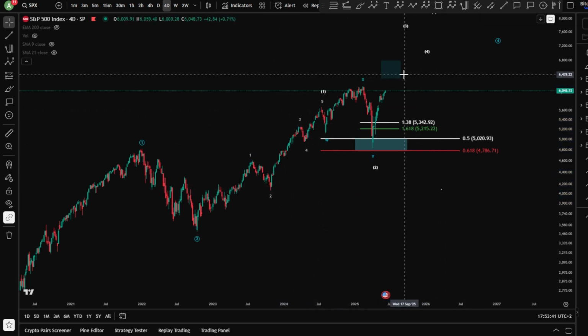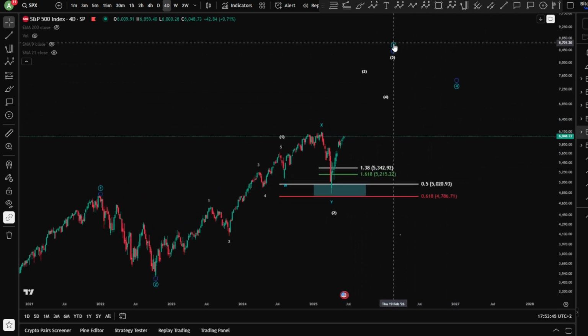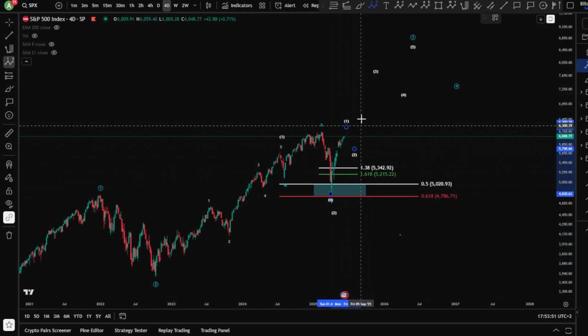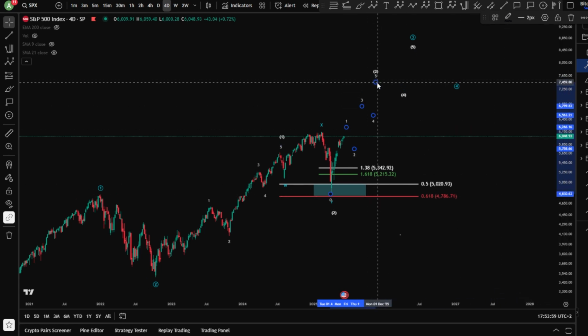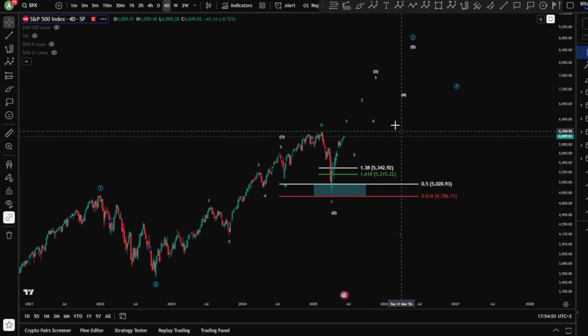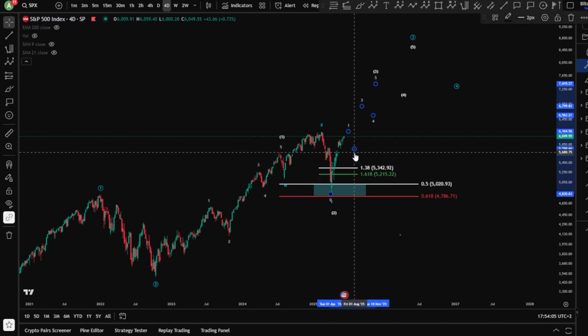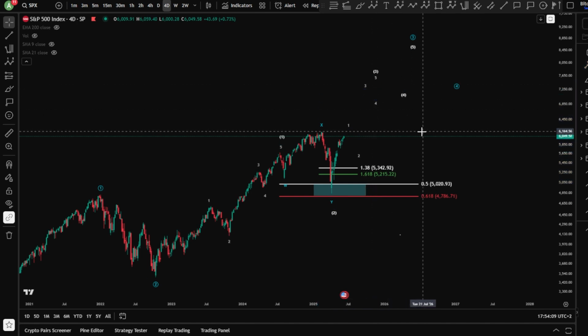Now this is an older one, I'm gonna remove it. So basically this is gonna simply represent your wave 1, also as for a wave 3. So you have 1, 2, 3, 4, and a 5, of course, to finish exactly this wave 3 in the white scenario. Okay, we still need 4 and a 5 to finish wave 1, and then wave 2, 3, 4, 5 continuation for higher prices.